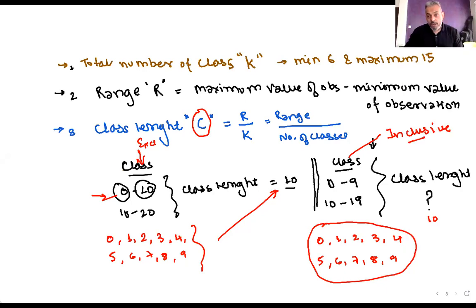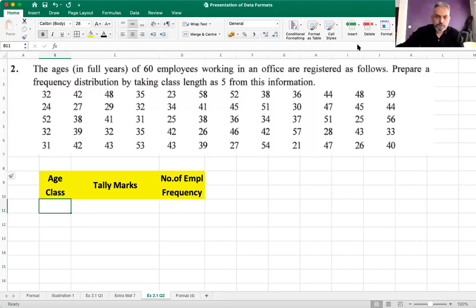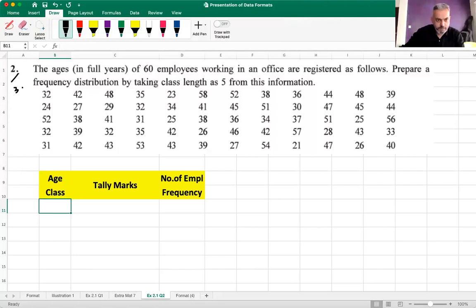Okay, now let's go to a sum. We go to exercise 2.1, question number 2, page number 36. Now, the ages in full years are given of 60 employees.